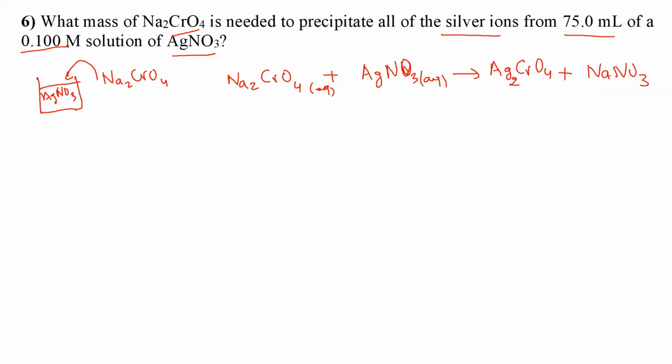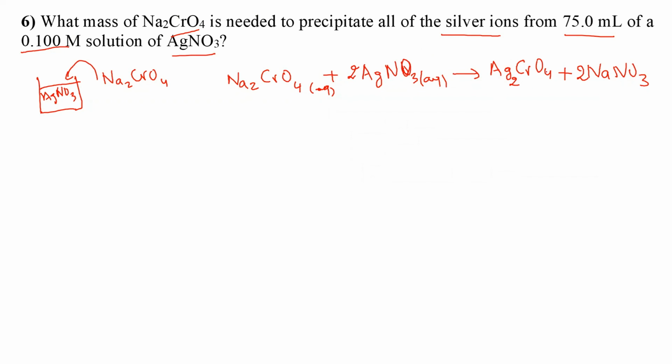Okay, we can balance our reaction. Sodium nitrate here. Silver we have 2 times, so we need 2 times silver nitrate. Chromate, we need 1 here. Sodium 2 times, 2 nitrate. Okay, so our equation is balanced.